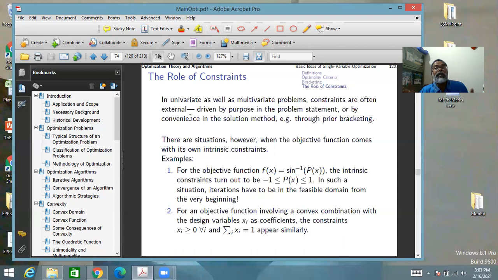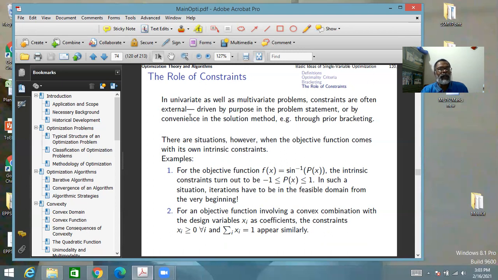Or sometimes for the convenience of the solution method, we impose certain bounds or constraints. For example, through bracketing.